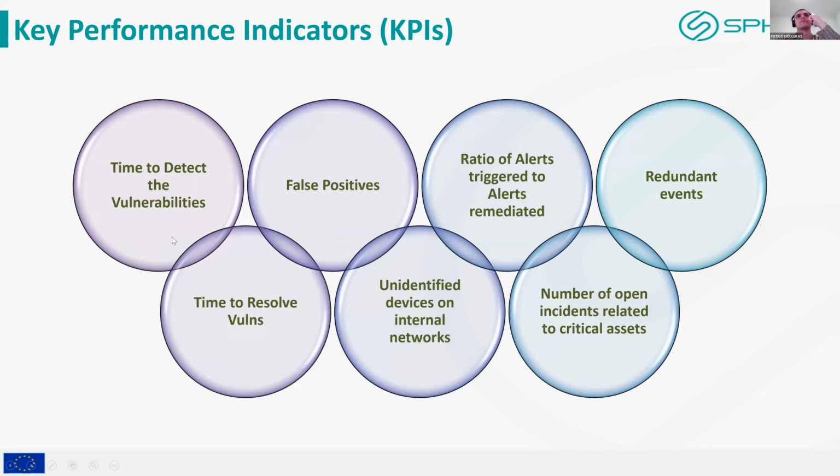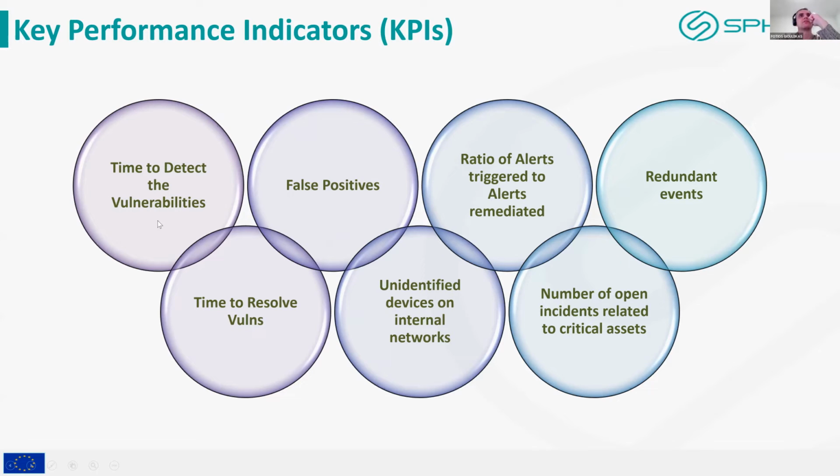Now, through this project, we have defined key performance indicators. These key performance indicators help us to measure the performance of the SPHINX toolkit. To be frank, during our activities, several of them were already employed, but through participation in the SPHINX project, we identified more key performance indicators, which from now on have been employed and used in our daily action.